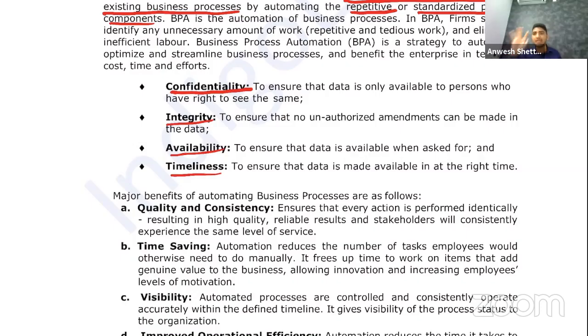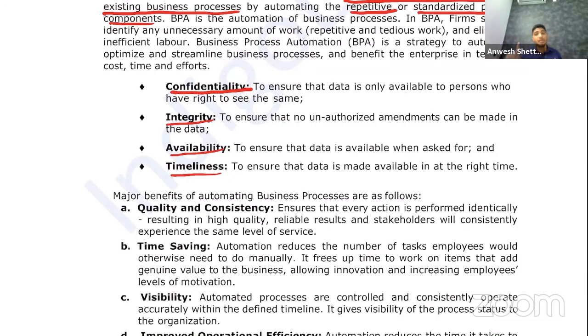Next one is availability. Availability means the data should be there whenever you want to see it. For example, results. The result is announced, but let us say you want to check your results. This is one sad thing: on your result day, you will never be able to see the results for the first 1 hour. The website will be down, server down. This is exactly opposite to what availability is.